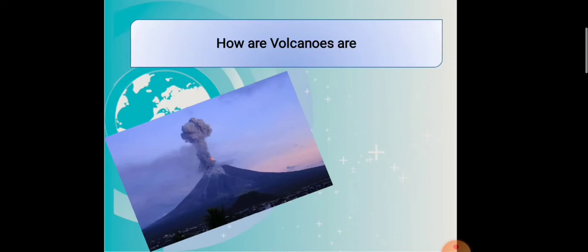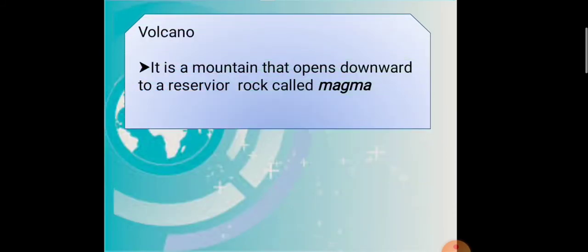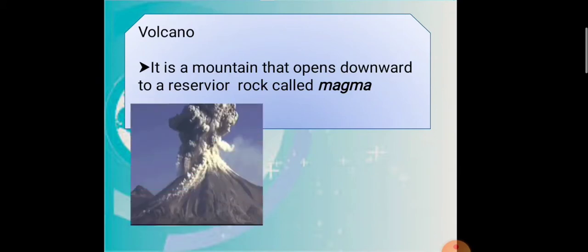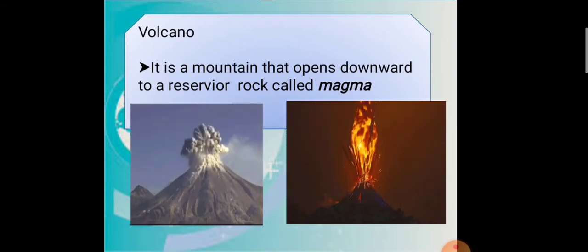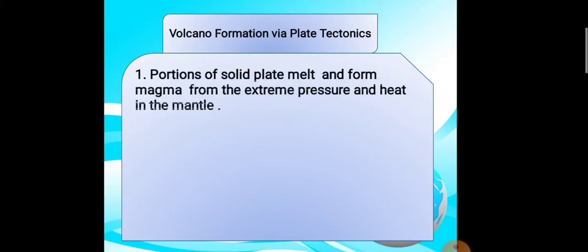Next is how are volcanoes formed? So a volcano is a mountain that opens downward to a reservoir of rock called the magma. So volcano formation via plate tectonics.